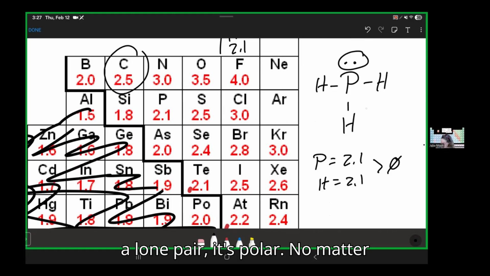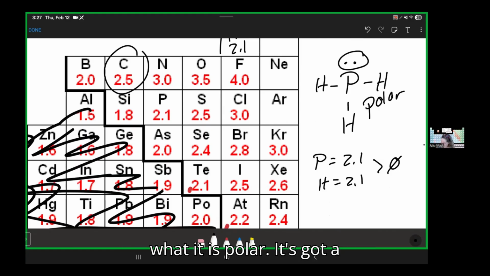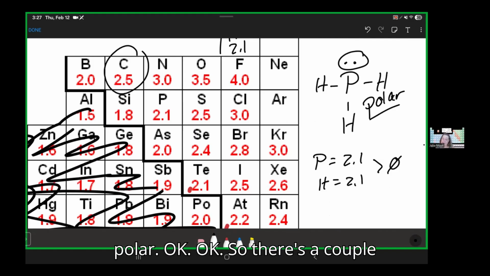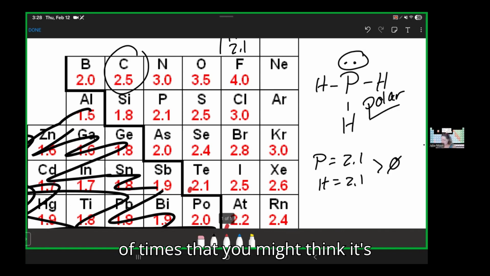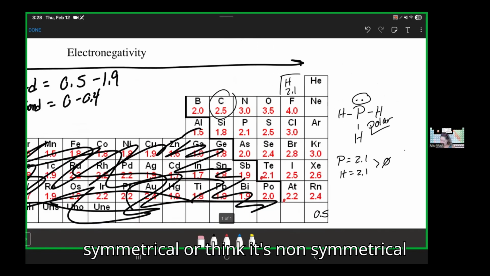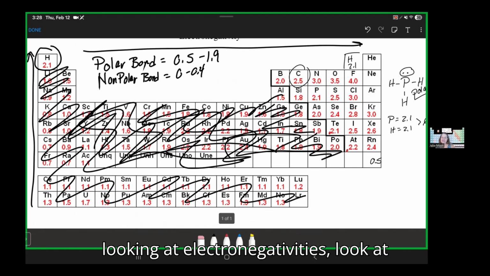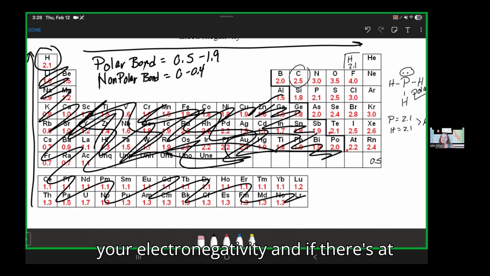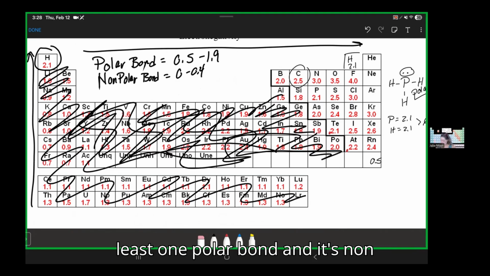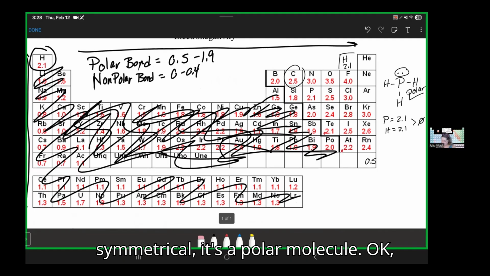If it's got a lone pair, it's polar, no matter what. It's got a lone pair on it. That makes it polar. So there's a couple of times that you might think it's symmetrical or non-symmetrical. If your instructor has you looking at electronegativities, look at your electronegativities. If there's at least one polar bond and it's non-symmetrical, it's a polar molecule.